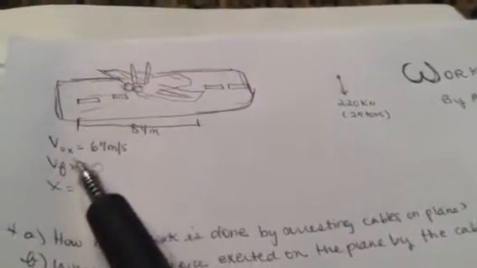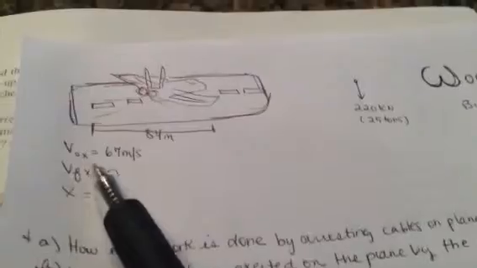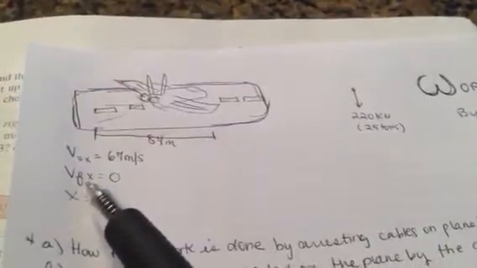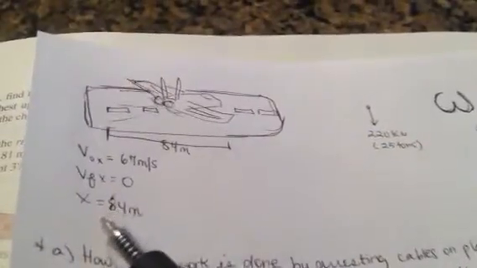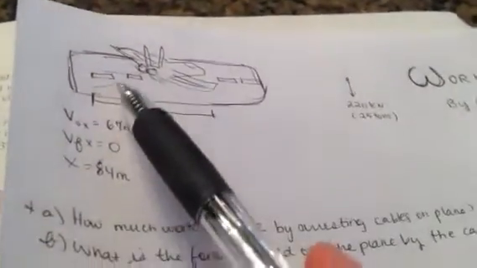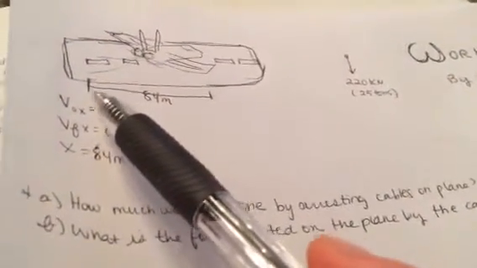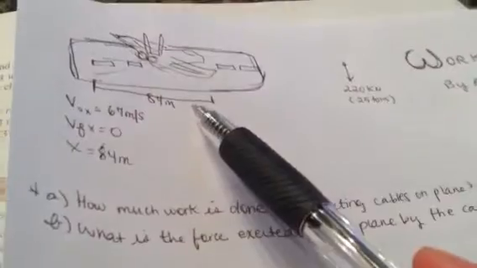We're given the initial velocity in the x direction is 67 meters per second, and the final velocity is 0 because we want it to stop. It travels on the ground for a distance of 84 meters before it stops.